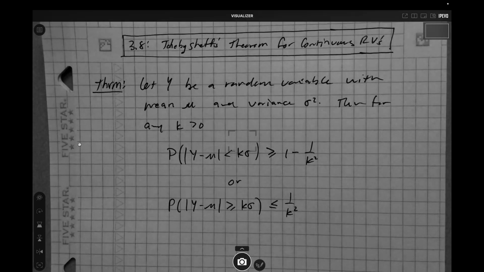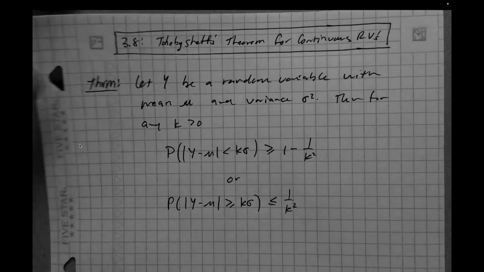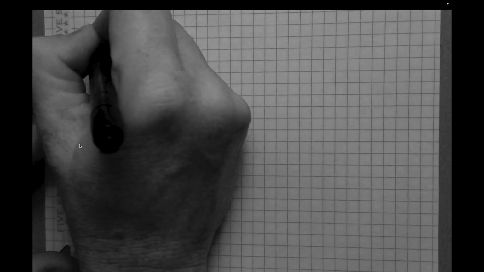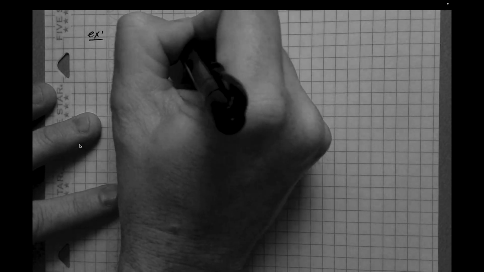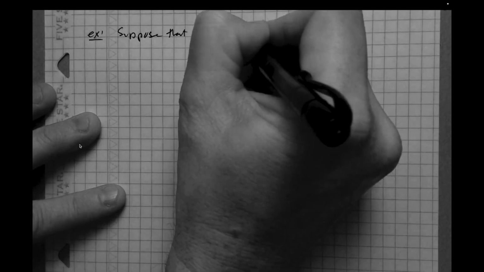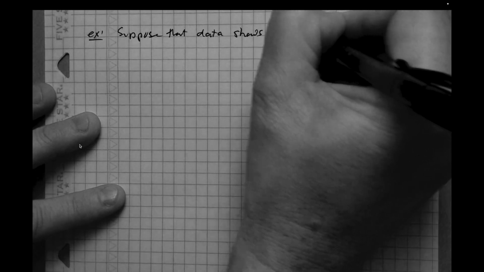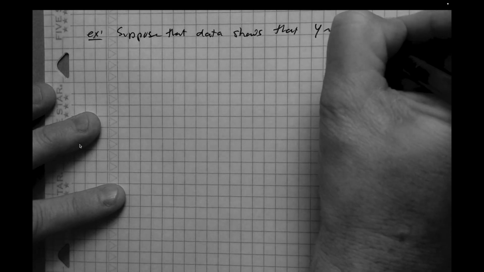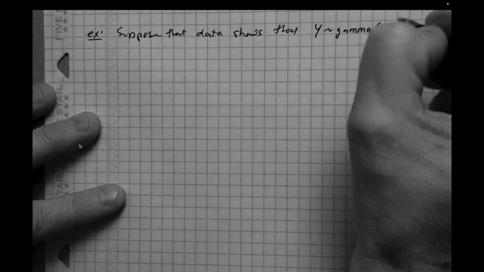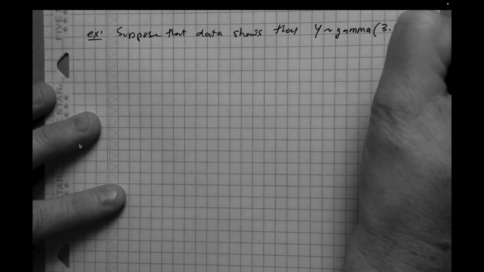So let's do an example here. This will be just a general example. Suppose that data shows that Y is gamma(3.1, 2).